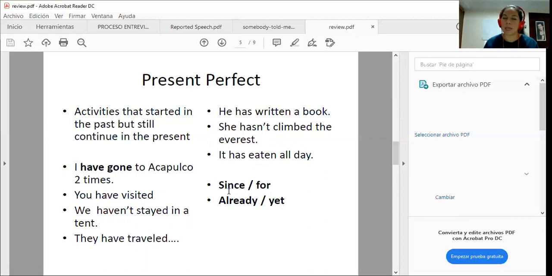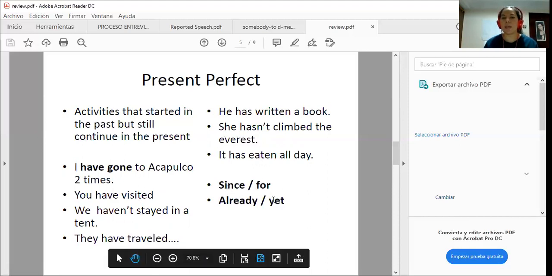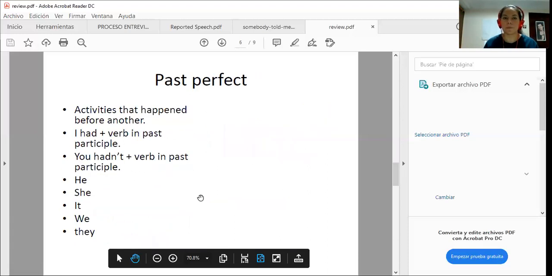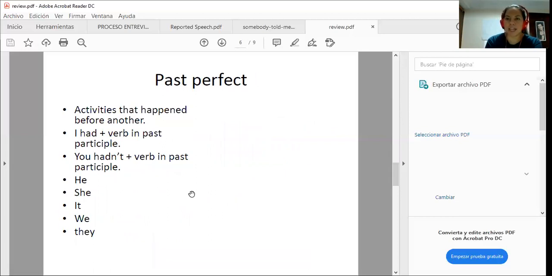We can use these adverbs: since, for, already, and yet. Past perfect. We checked this structure last week. What were we talking about? An activity that happened before another.